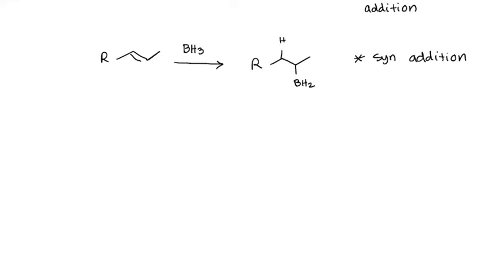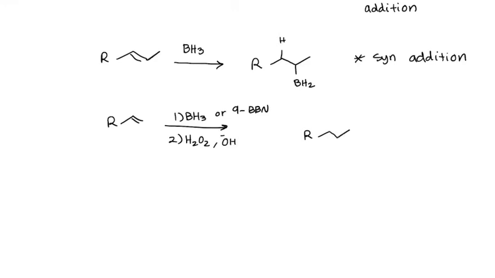So now that's just adding BH3 to an alkene. What happens if we add BH3 and, followed by that, we add H2O2, hydrogen peroxide, and a base, which in this case we're just going to use OH minus. And also in some cases they use BH3 or 9-BBN, which I'm going to include here. So what's going to happen is that this reaction is going to follow anti-Markovnikov, meaning that the OH is going to attack the less substituted carbon.